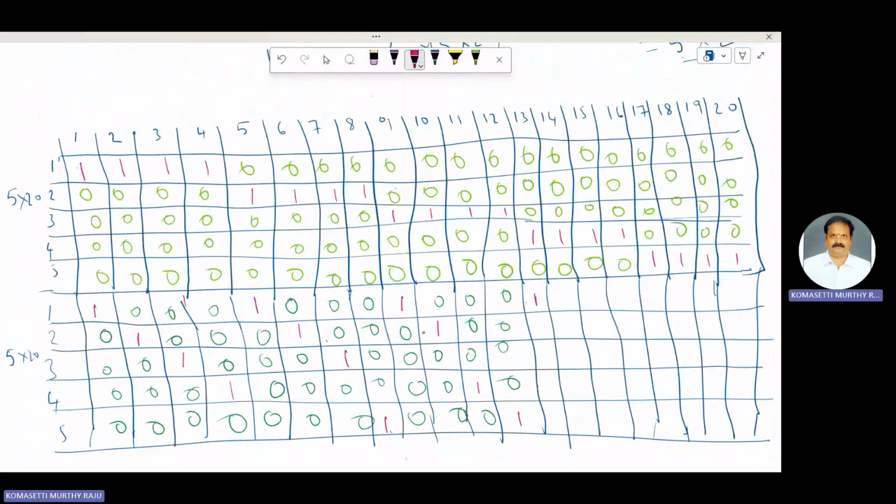Here 1, 2, 3 is there for the 14th column. For the 14th column, here 1, 2, 3.